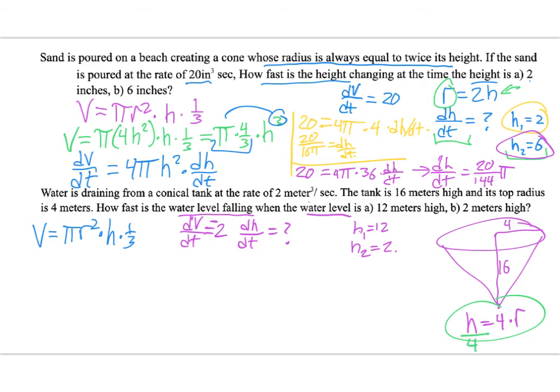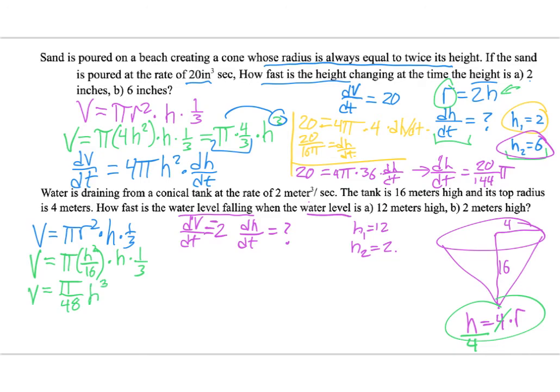So let's write this as height over 4 is equal to radius. So V is equal to pi times radius squared, which would be height squared over 16, times height times 1/3. Simplifying that a little bit, we've got V is equal to pi over 16 times 3, which is 48, h cubed.